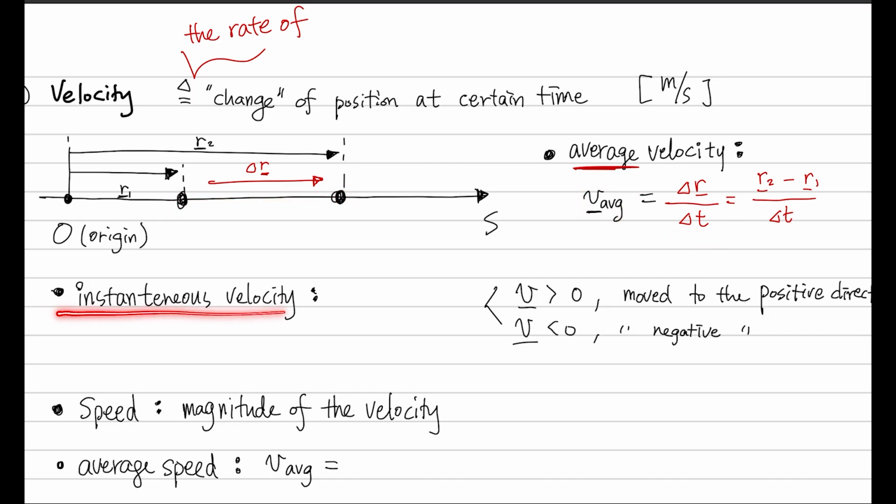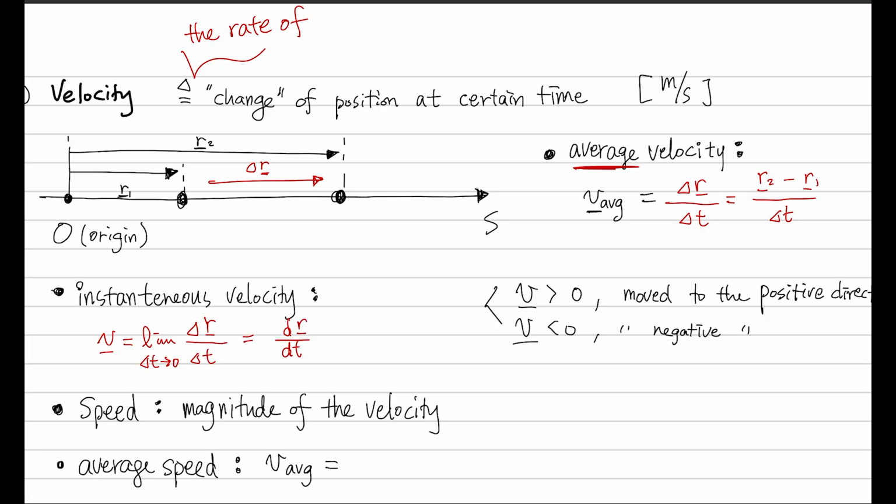But we can also think about the instantaneous velocity. Like at certain time, what was the velocity at that point? So instantaneous velocity is dr dt.